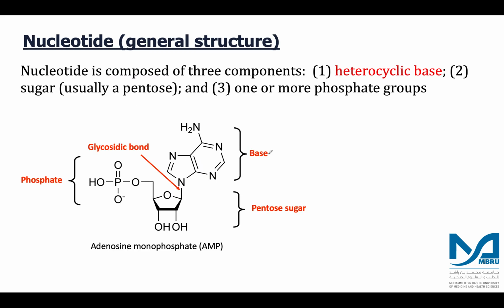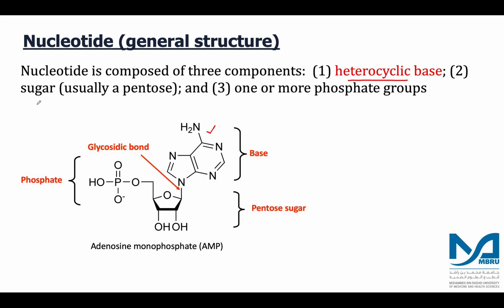Now, before I talk about the catabolism of purines, let us try to define what is a nucleotide. Now, a nucleotide, which you may already know, consists of three components. First, it consists of a heterocyclic base, which is shown here in the figure.